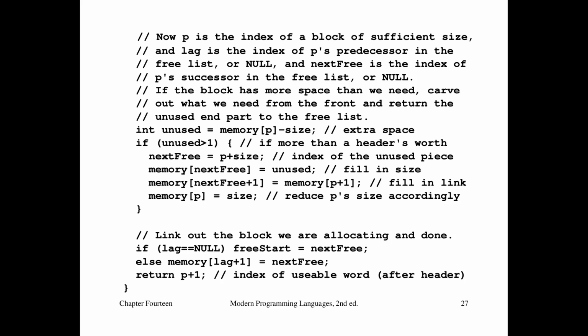If unused is greater than 1, meaning more than a header's worth, the next free is p plus the size, and then the memory at next free is equal to unused, etc. But basically, we're just walking down, and this is just the implementation of what we've already talked about. And then finally, we link out the block we are allocating, and done. If the leg is equal to null, free start is equal to next free. Otherwise, the memory at leg plus 1 is equal to next free. Then we return p plus 1, the index of the usable word after the header.